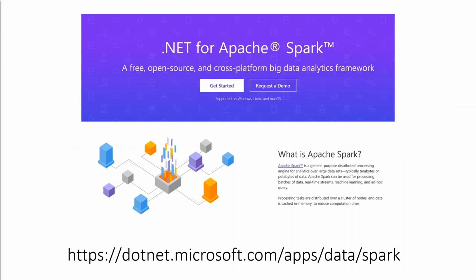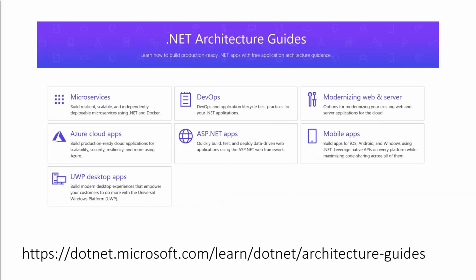So consider that. Also, I want to mention here, as far as going forward, that there is such a thing as .NET for Apache Spark. I'm not talking about it today, but just know that distributed processing is a technology that you can start leveraging right now. And then the .NET architecture guide.